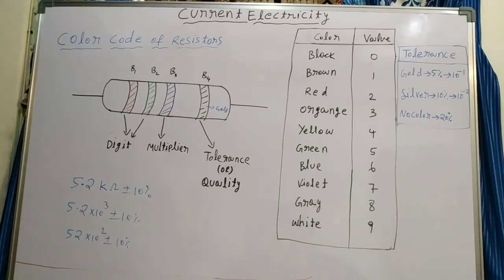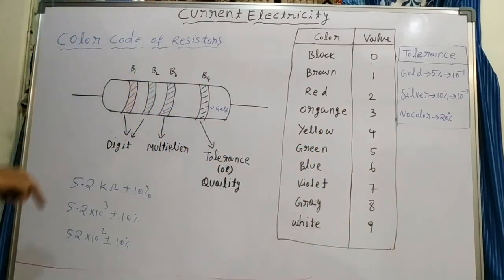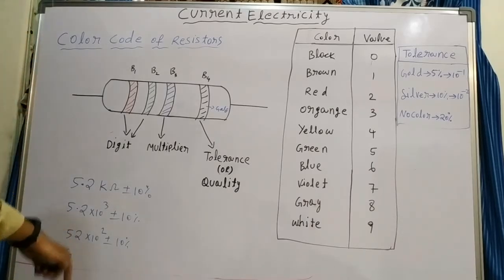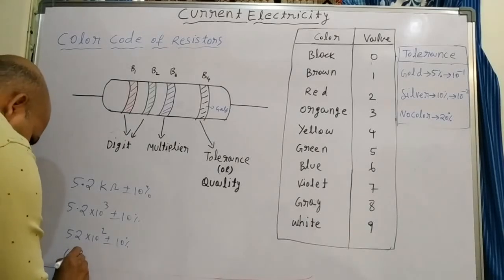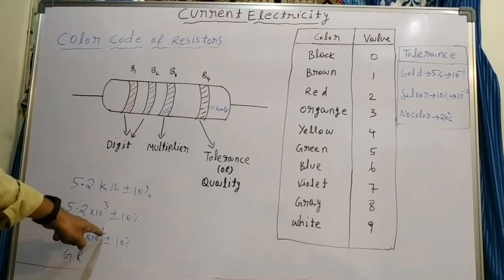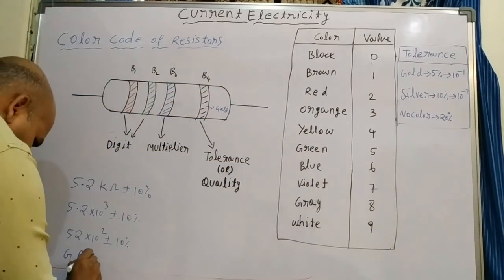Now what are the color codes? What about the first band? First band 5 is there. 5 is nothing but green color, so the first band must be green. What about the second value 2? 2 is nothing but red. This must be red. The third one represents the 10 power value. 10 power here 2 is there. So 2 means red.